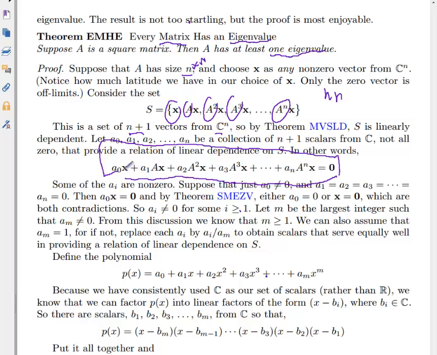Now, some of these a's may be 0, but they can't all be 0. So let's just take the terms up to the largest a_m. That's what this polynomial is. And we can always divide this polynomial by the value of a_m, so we can assume that a_m is equal to 1. Now, if you remember from the theory of polynomials from high school, you can factor any polynomial over the complex numbers.